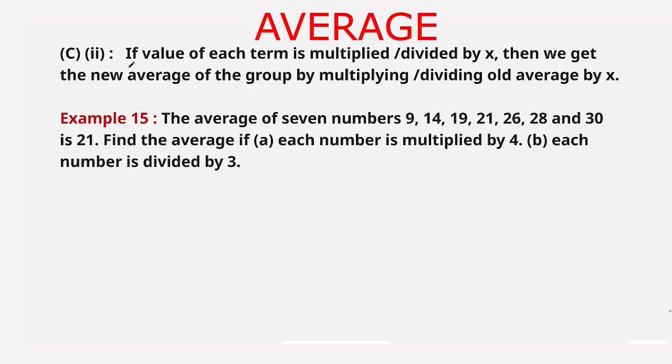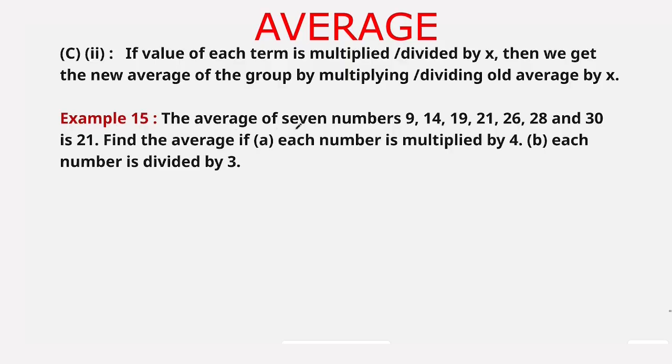Point C, part 2. If the value of each term is multiplied or divided by x, then we get the new average of the group by multiplying or dividing the old average by x. And we learn this by example 15.